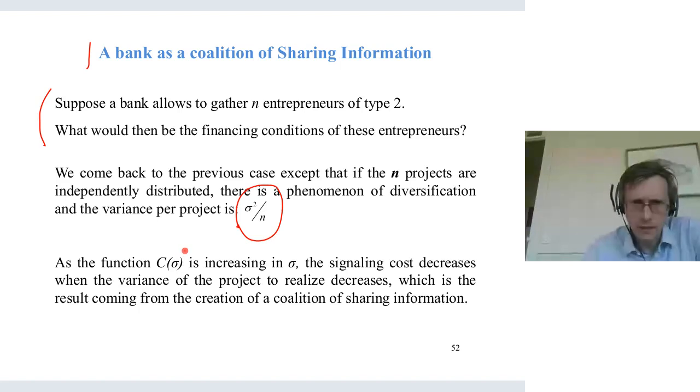And the cost of signaling is an increasing function of sigma.